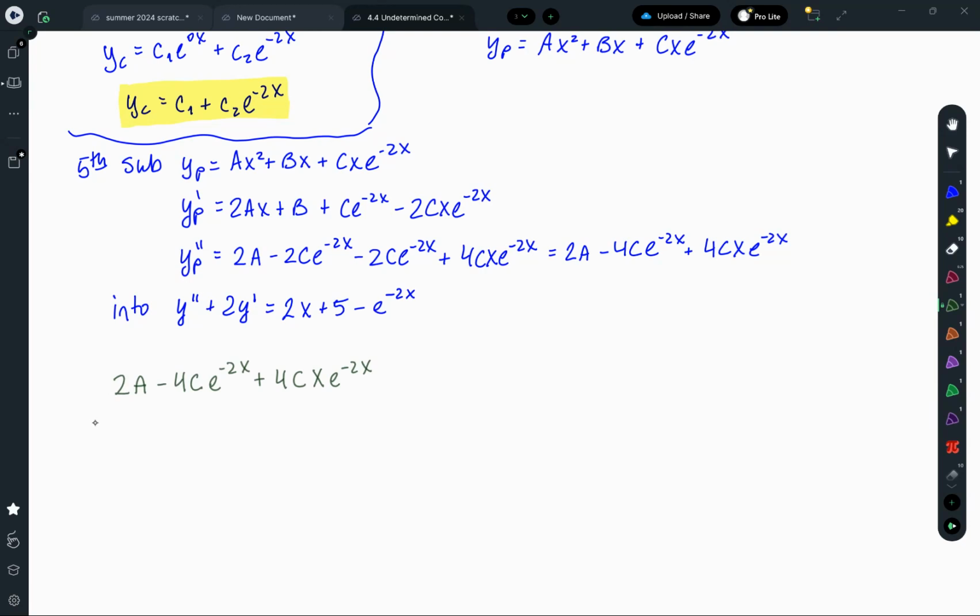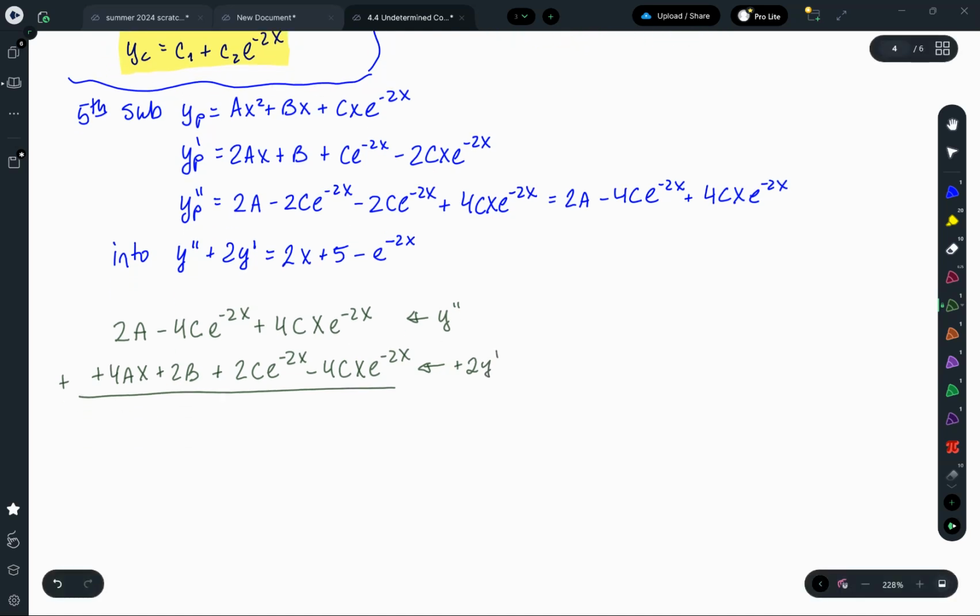So I distribute a 2 through my y prime, and I get plus 4ax plus 2b plus 2c e to the minus 2x minus 4cx e to the minus 2x. So that, just to point it out, that was y double prime, and this is plus 2y prime. Okay.